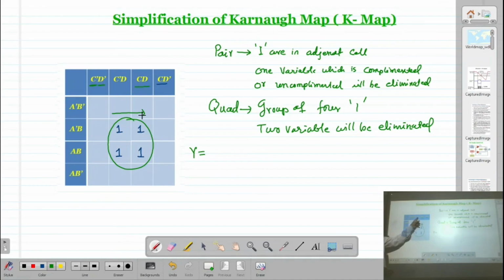That is C. But D is going to be unchanged. Correct? So, D is unchanged. Now, when we are moving in this direction, then A is going to be uncomplemented, but B is remaining unchanged. So we write B into D. So here the A and C, these 2 variables are going to be eliminated. I think now the quad is also clear to you.